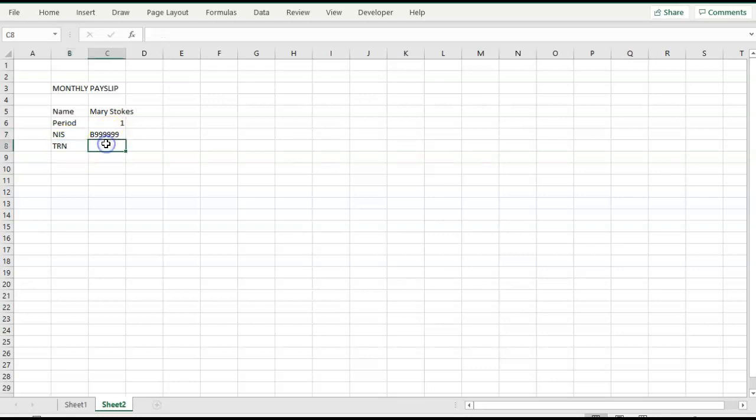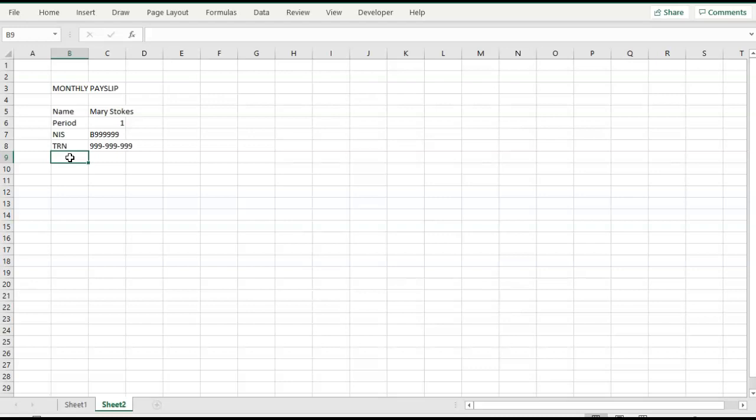Your TRN reference is 9 digits. And everybody, once you are born and a resident of Jamaica, must have a TRN. Okay. All right. So these are your 4 basic pieces of information that must reflect on your payslip.